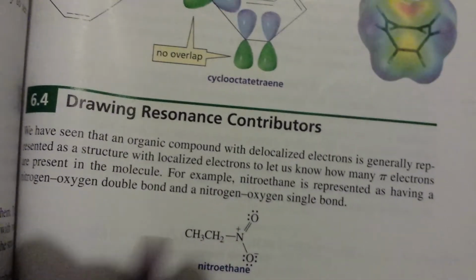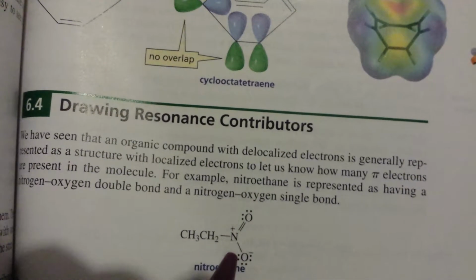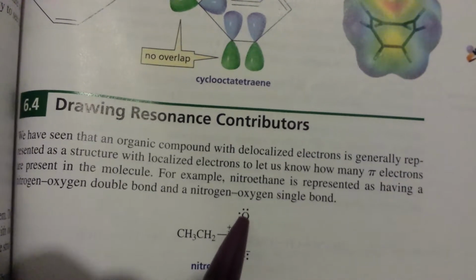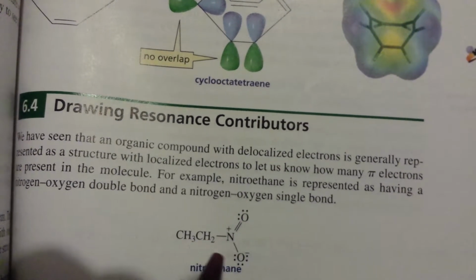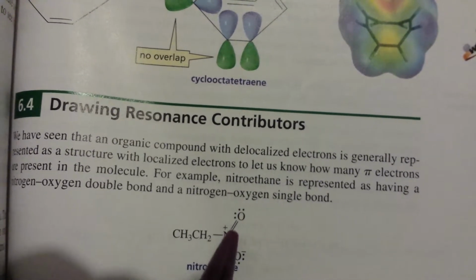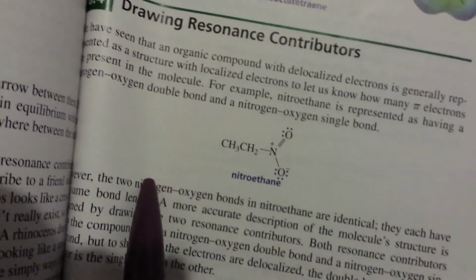For the double bond and the single bond, we show lone pairs on the oxygens: one lone pair, another lone pair, two lone pairs, three lone pairs on the other, with just one bond. So nitrogen has given an electron to form this bond. This is nitroethane.